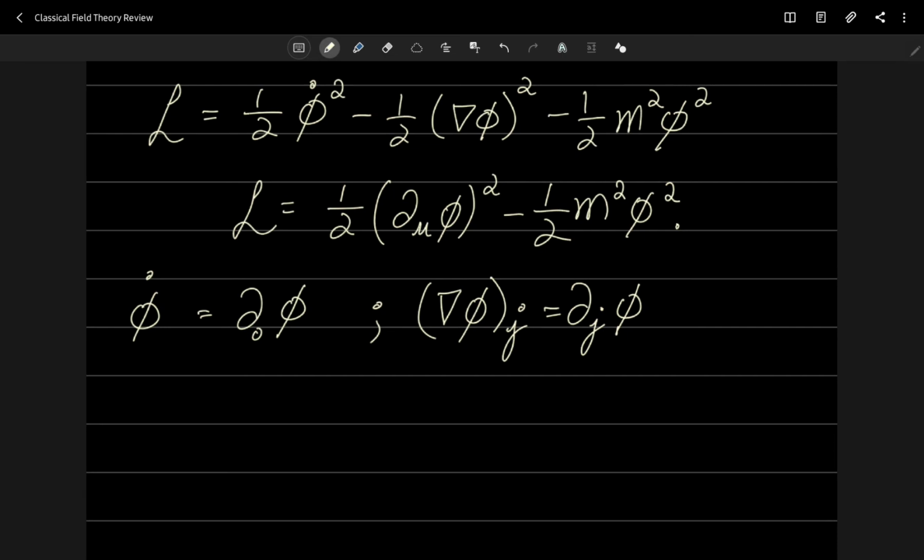So those are the spatial x, y, z components of the field derivatives.